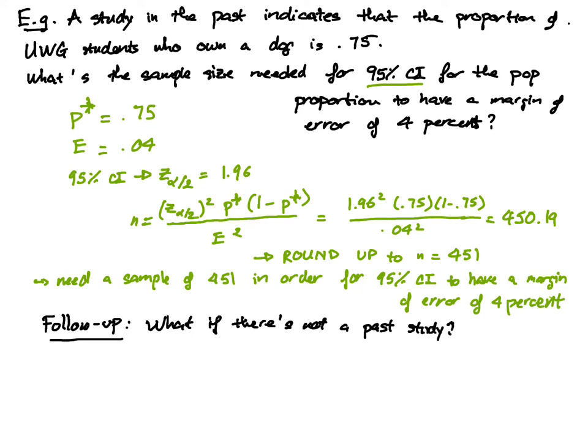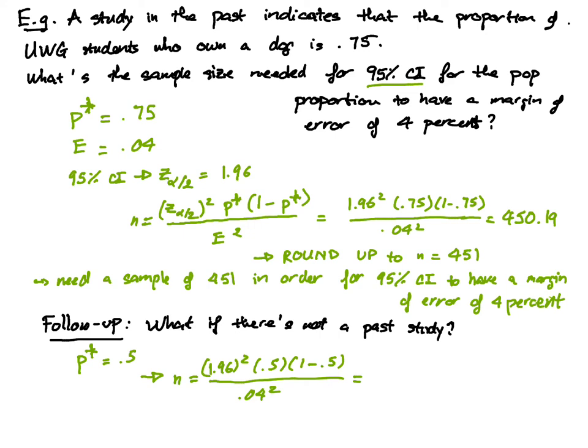If we don't have a study in the past, we're going to use a planning value p star of 0.5, since we cannot obtain a reliable estimate. So n is going to be equal to 1.96 squared times 0.5 times 1 minus 0.5 divided by 0.04 squared.